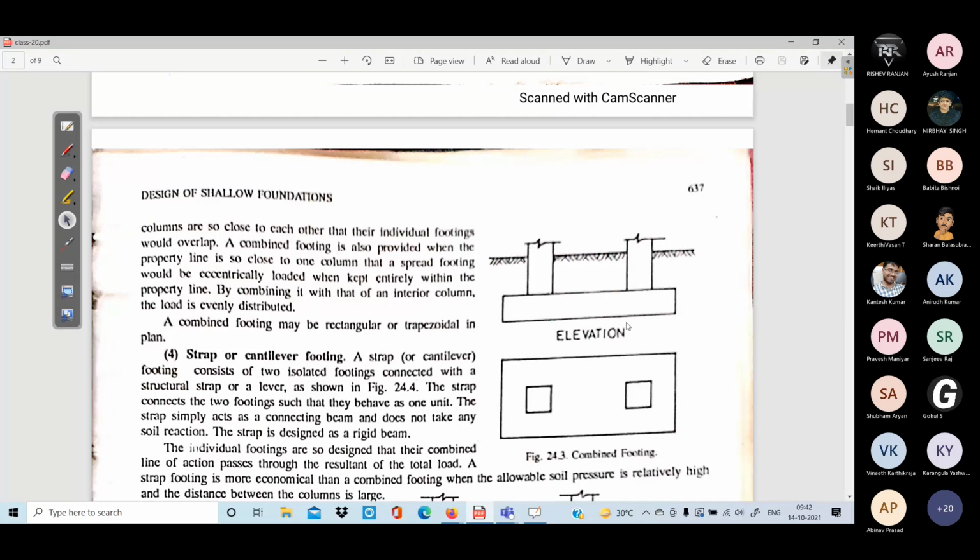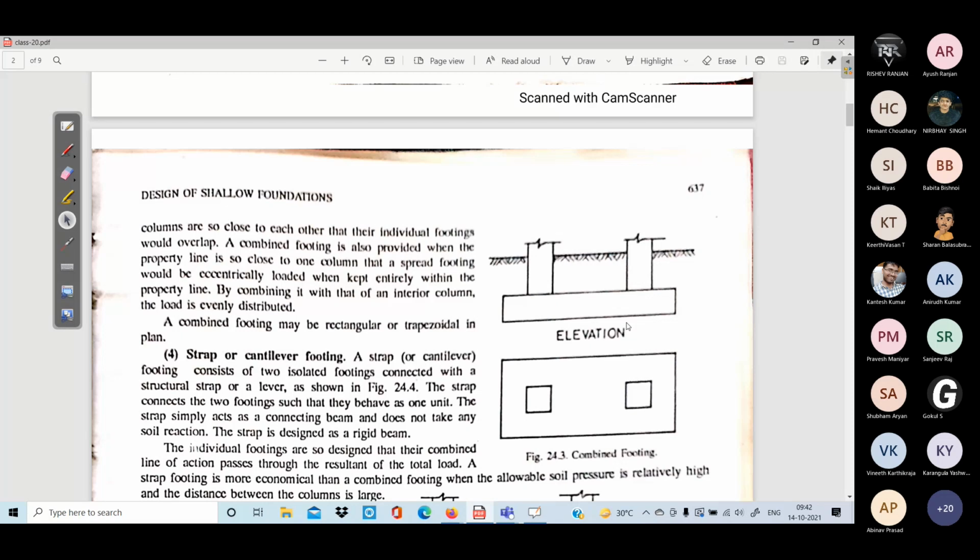When the property line is so close to one column that a spread footing cannot be kept entirely within the property line, by combining them the load is evenly distributed.